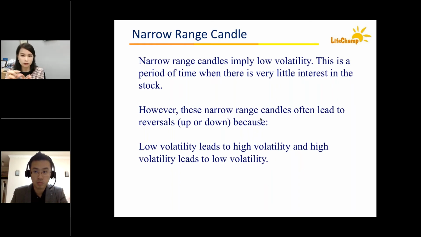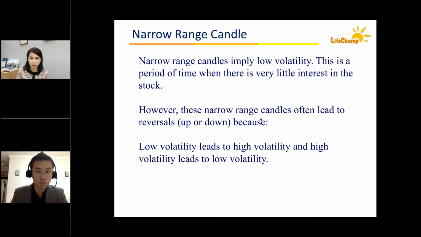So this narrow candlestick, especially when there's high volume, can mean it's just the prelude that the storm is going to happen. The low volatility is a signal to you that the storm is going to happen in the future.